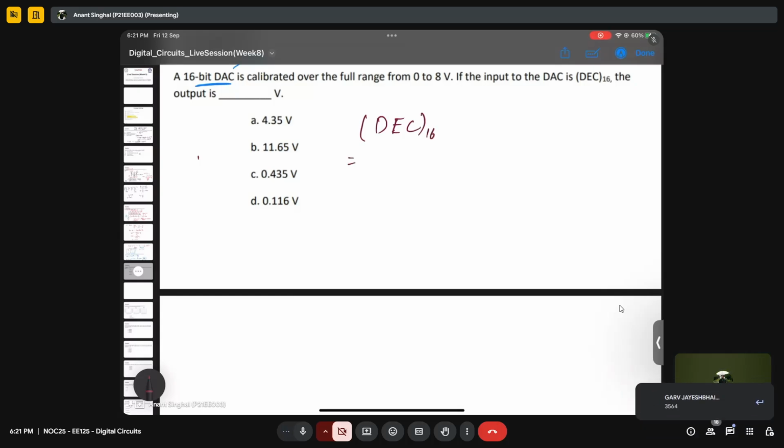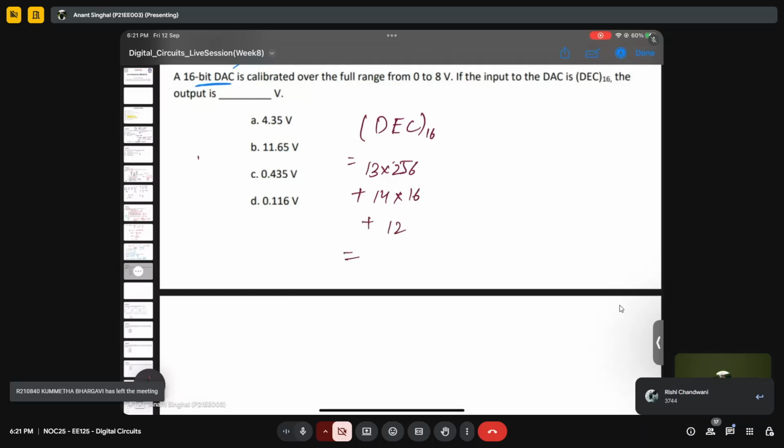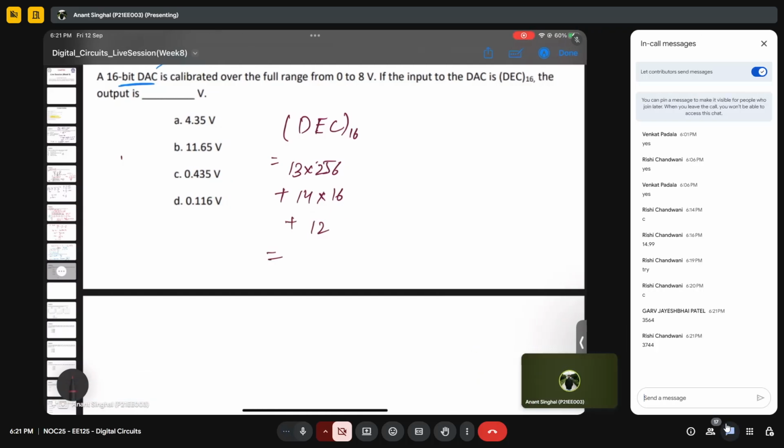It will be 16 times 16 squared, that is 256 times 13, then E is 14 times 16, plus C is 12. I've got 3744, because I've got different answers.